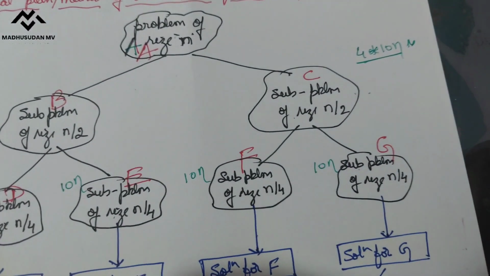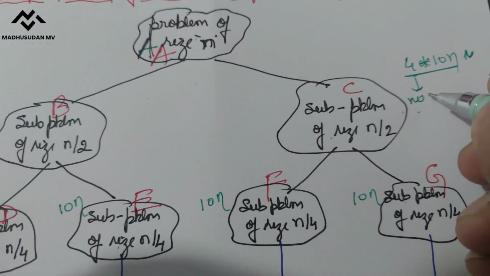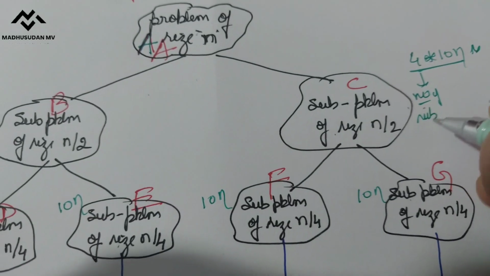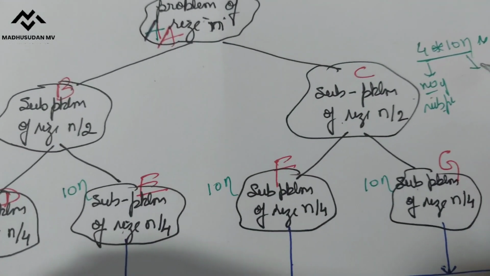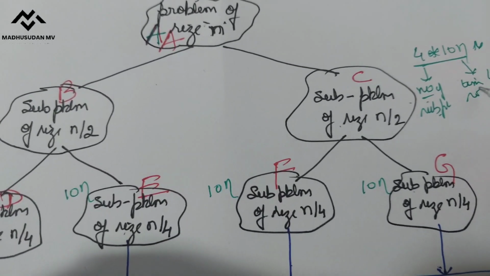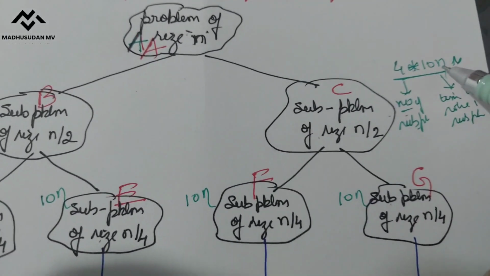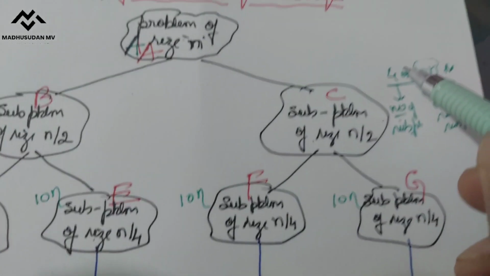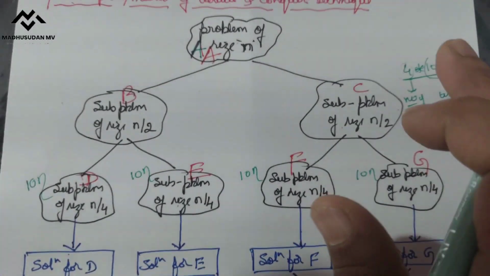So here 4 is the number of subproblems, 1, 2, 3, 4, and 10 nanoseconds is the time taken to solve one subproblem. The time taken to solve one subproblem multiplied by the number of subproblems gives 40 nanoseconds. This is the equation.